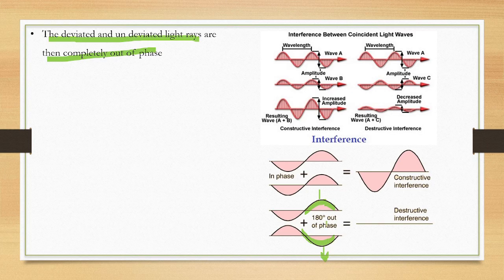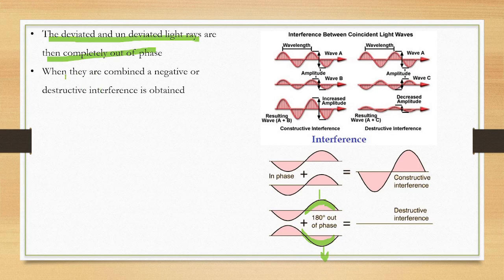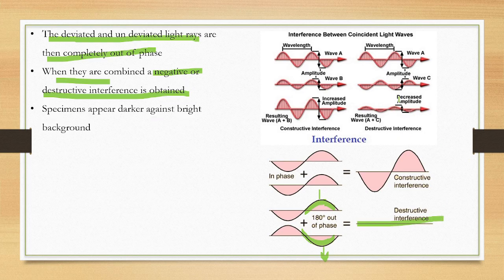This is called out of phase. What happens when they are combined? A negative or destructive interference is obtained. They cancel each other and the amplitude is decreased.